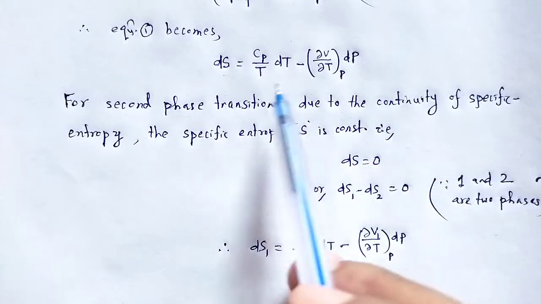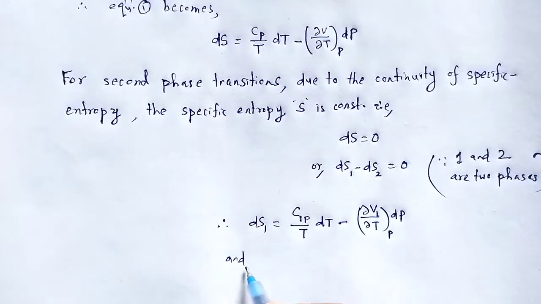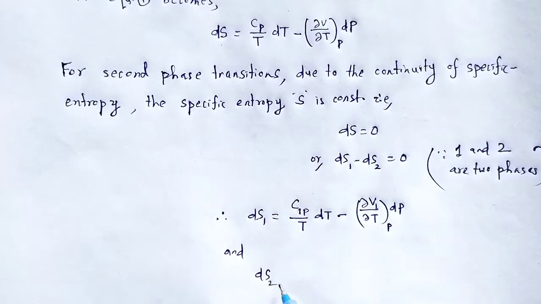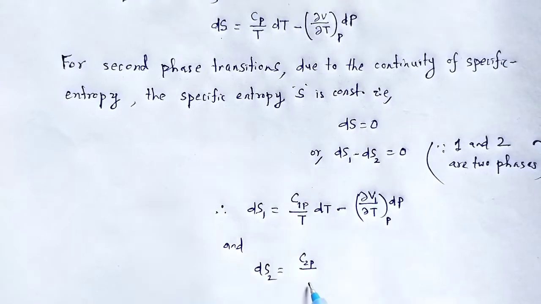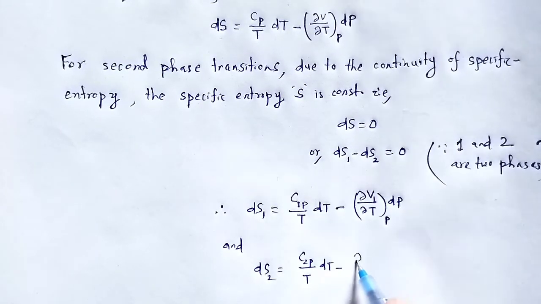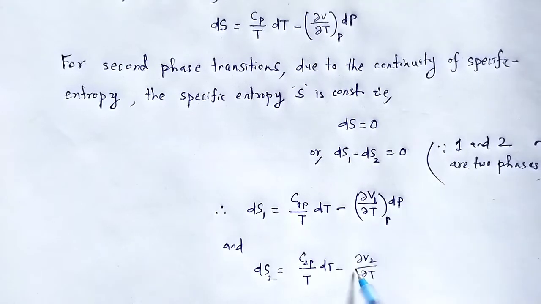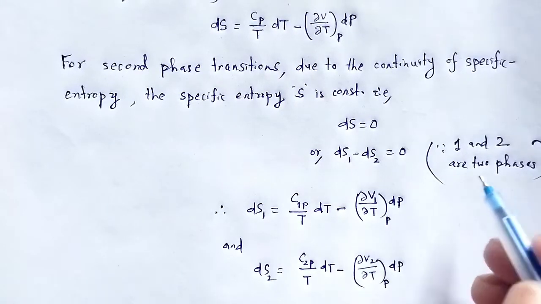Next, for the second phase, for dS2, that is C2p by T dT minus del V2 by del T at constant pressure dP.